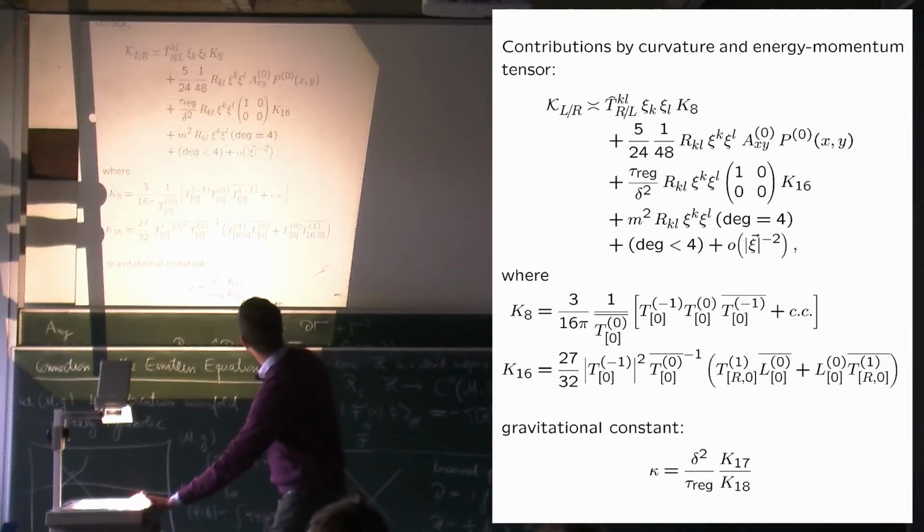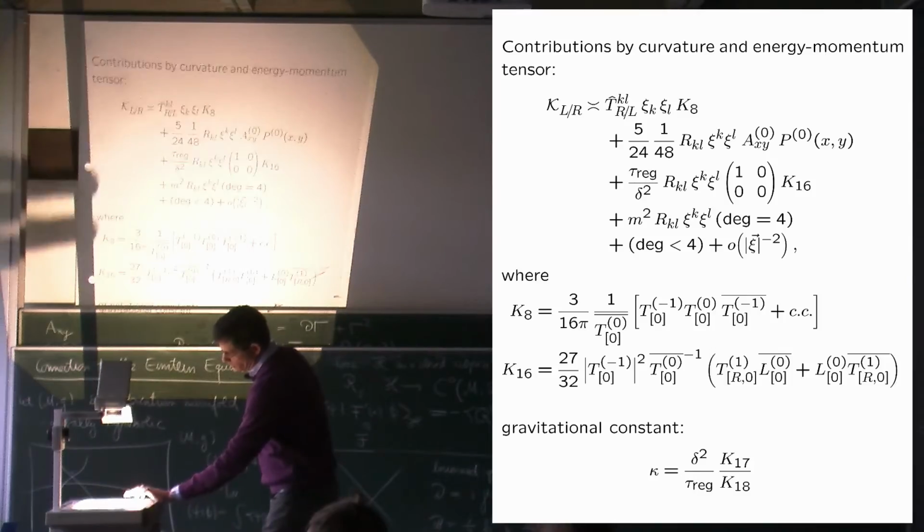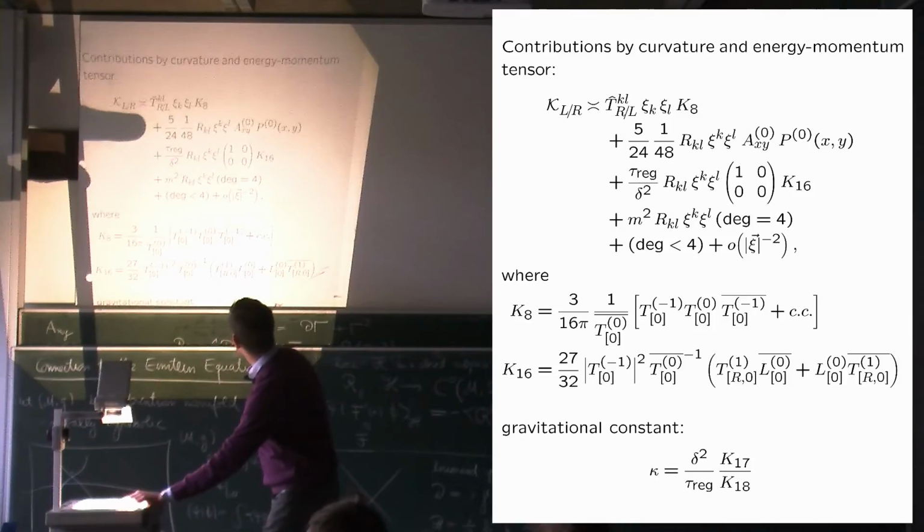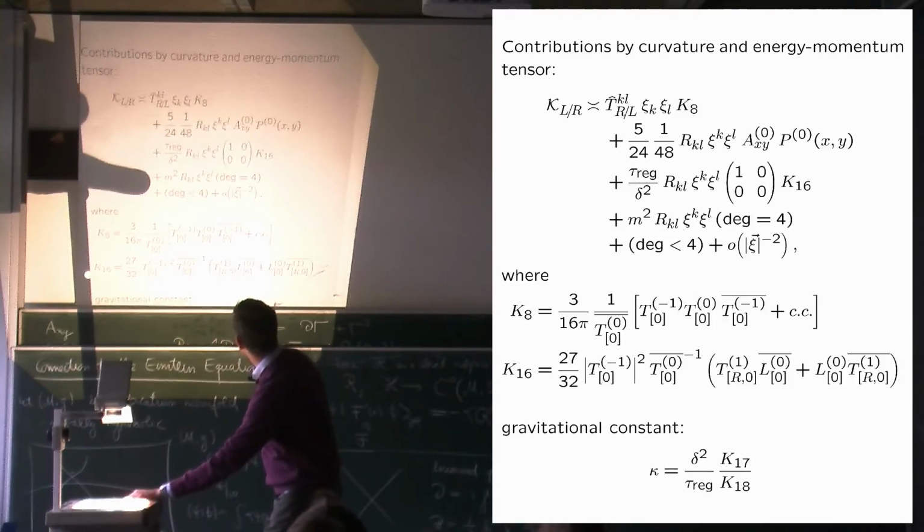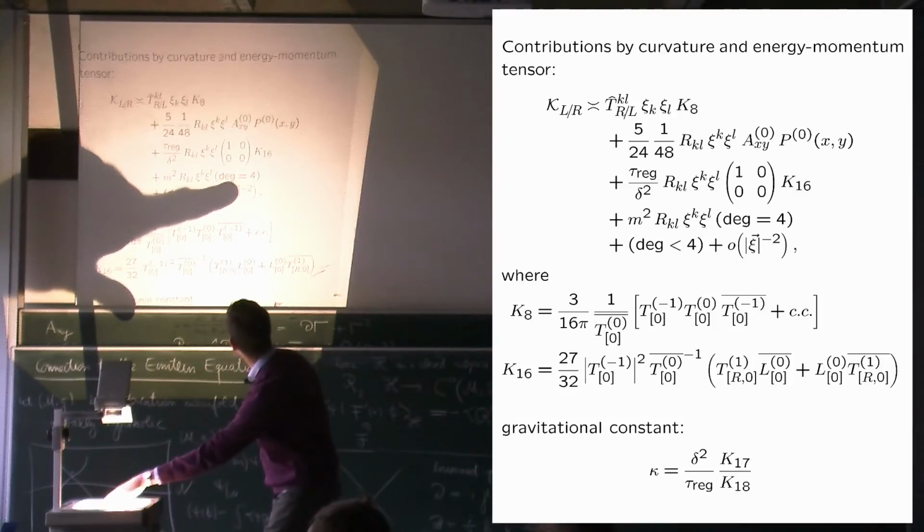In any case, this is the leading contribution. And this is a contribution which we can neglect. This is why I wrote here degree equal to 4. So this is of lower degree and can be neglected.